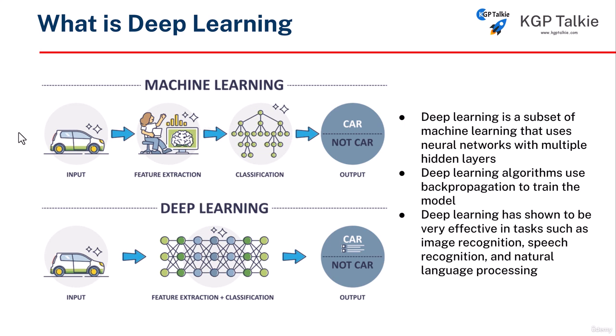In simple terms, in the case of machine learning, feature extraction happens separately. Suppose there is an image. You cannot feed this image directly for classification in the case of traditional ML. The input needs to be processed so that you can do the feature extraction.